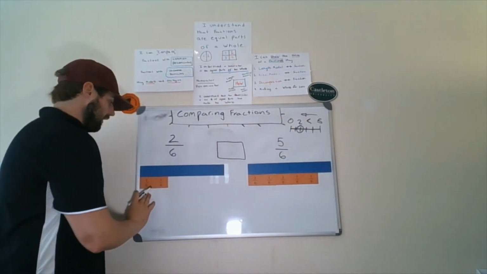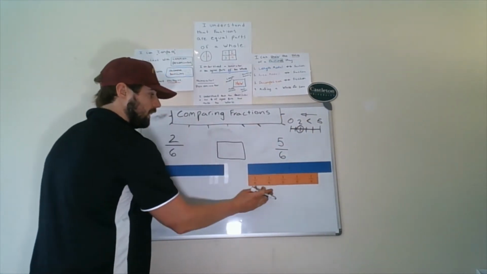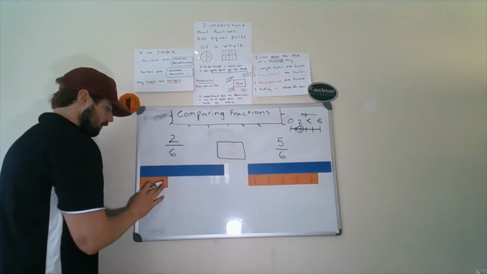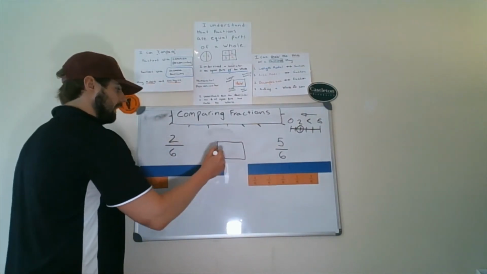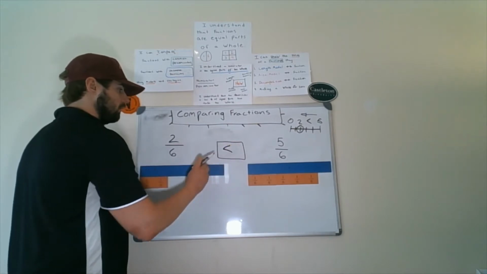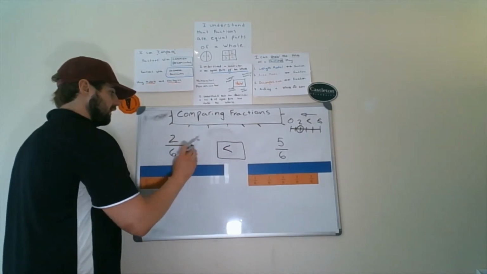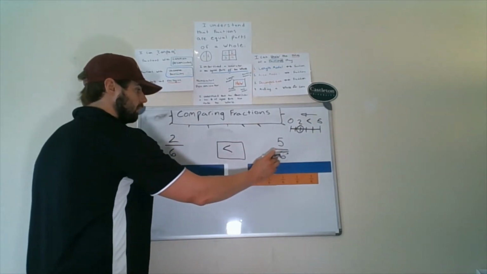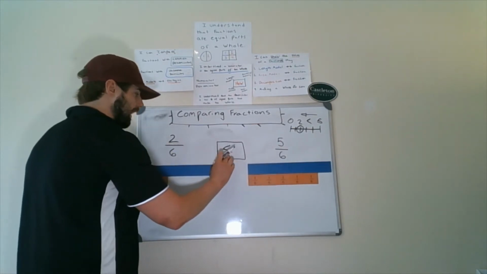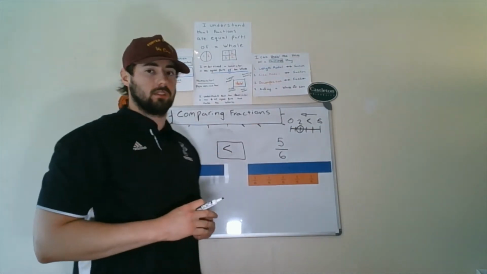So, you can see it also visually, clearly, more parts. 5/6 has more parts. 2/6 is less than 5/6. 5/6 is greater than 2/6.